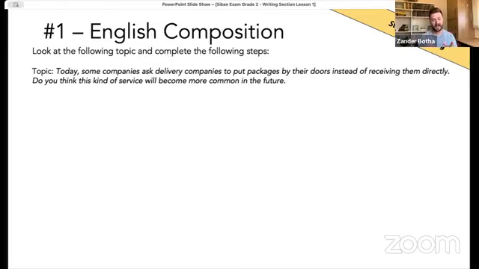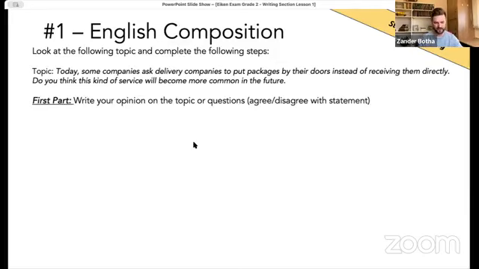So this is generally the topic structure that they will give you. They give you 1 sentence making a statement, and then they will ask for your opinion. All right, they will generally ask, do you think this kind of service will become more common in the future? So this is the topic that you will receive. All right.